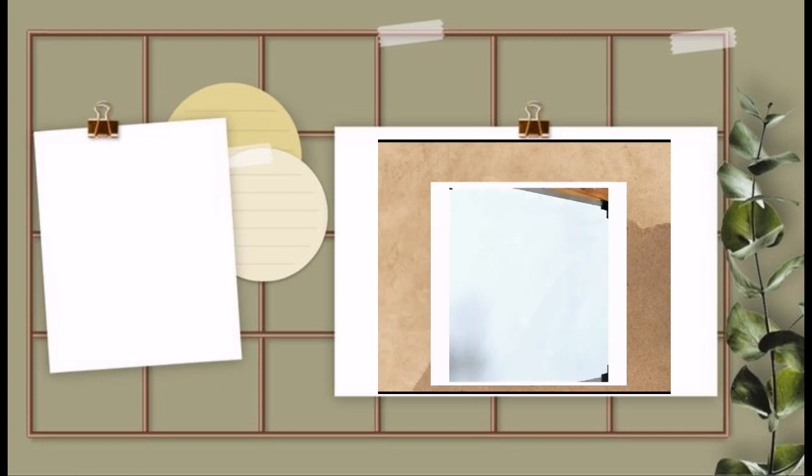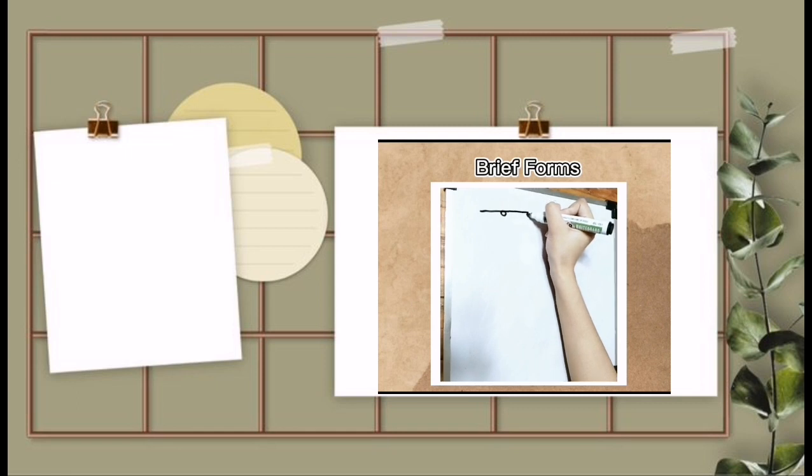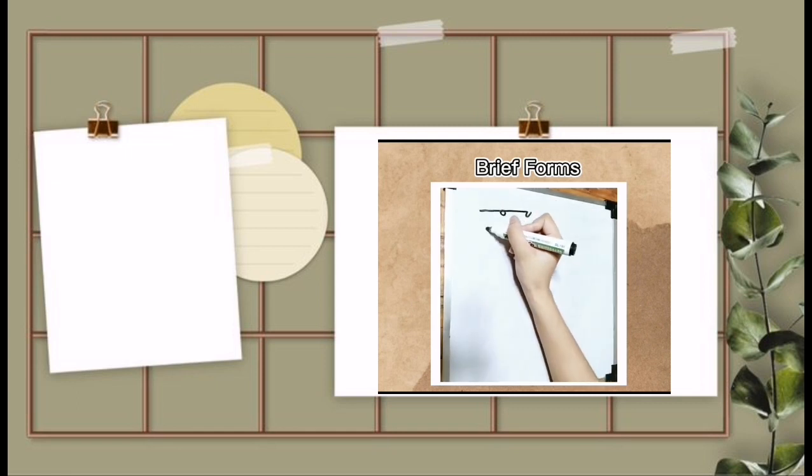We also have here three brief forms. A brief form is a shortened word or special abbreviation. First, we have here memorandum. Next is immediate. And lastly, regarding.